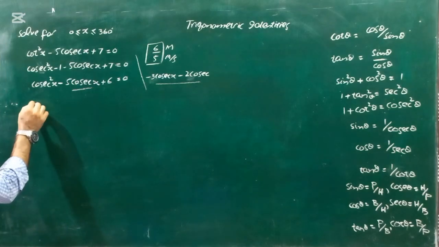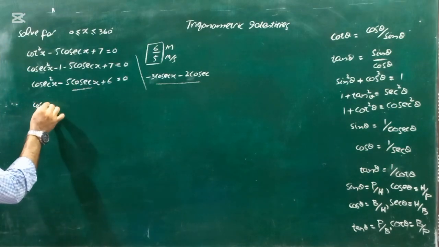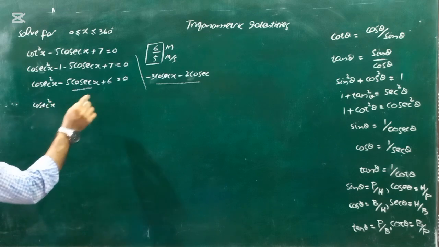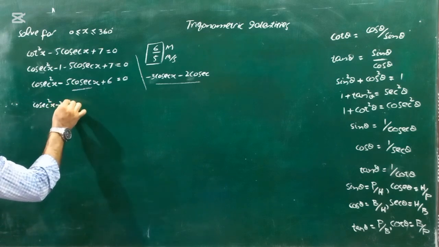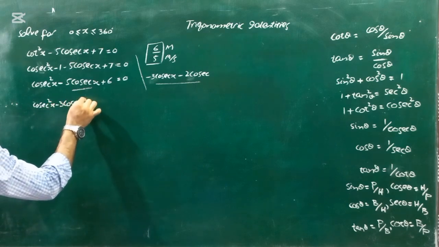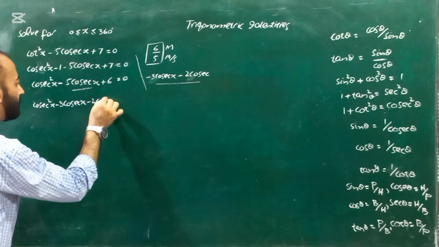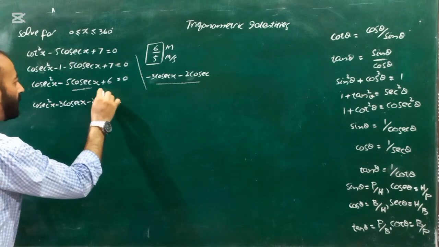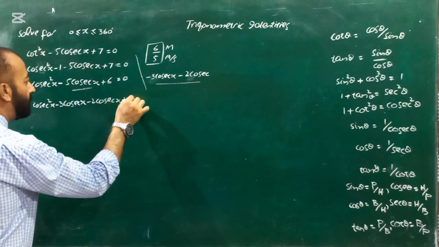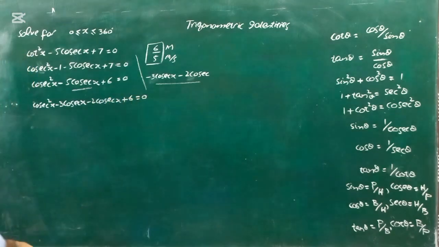So it will become cosecant square x minus 3 cosecant x minus 2 cosecant x, plus 6 equal to 0, which will remain as it is.